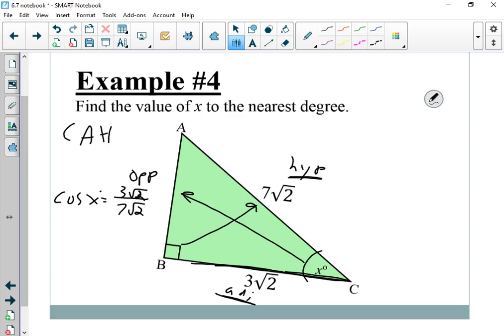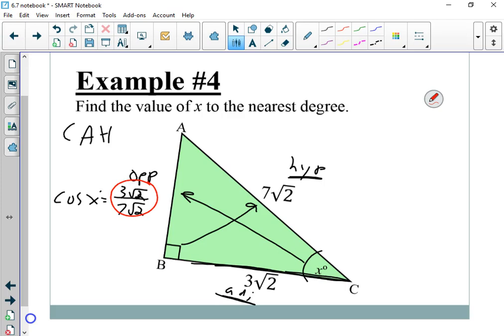Now for this one, you want to make your life easier. Instead of typing in all of this into your calculator, which depending on how you enter it, you might get the wrong answer. In fact, the first time I entered it in my calculator, I got the wrong answer because I didn't have enough parentheses to cover all this. So make your life easy.